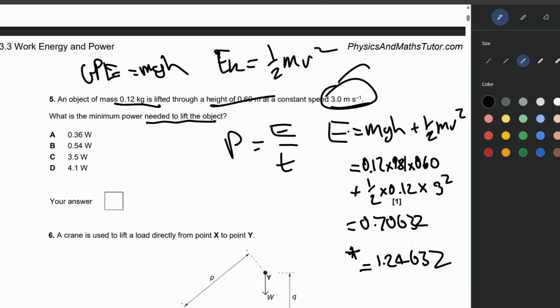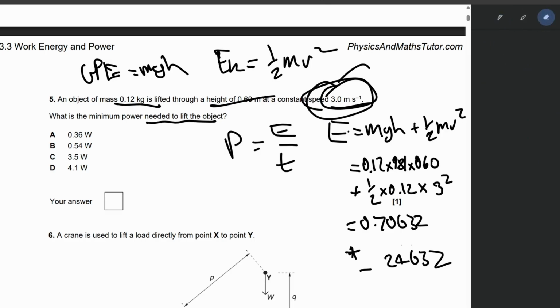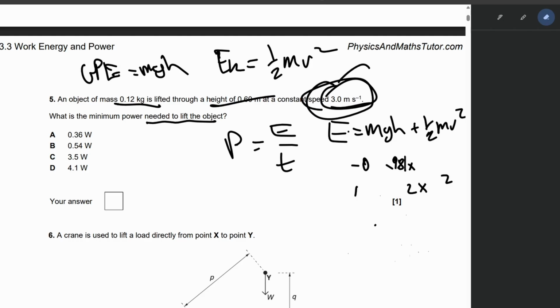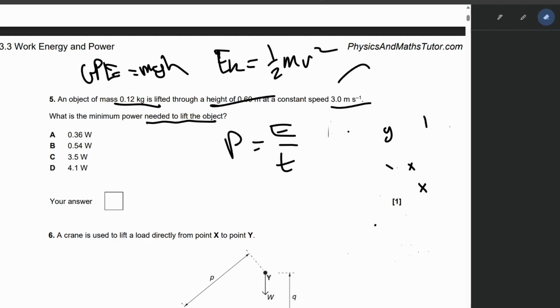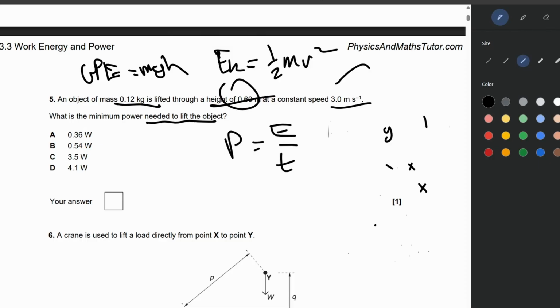We don't even have a time. Oh, okay, I see. I'm overcomplicating it all the time. So it's actually really, really easy. We don't have a time, but we have a distance and we have speed.